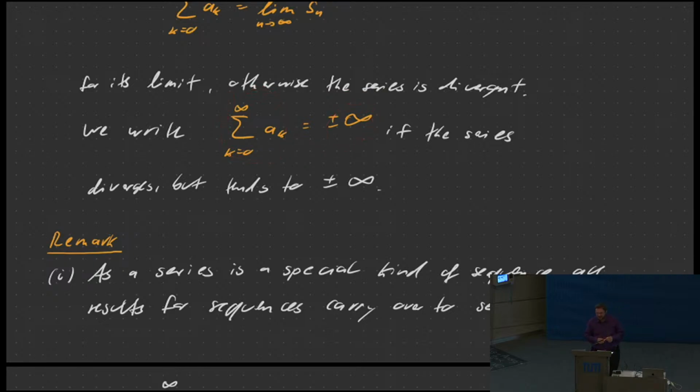Precisely speaking, you would say the limit of that tends to infinity or minus infinity. And as with sequences, in that case, we would still say the series does not converge. Convergence always means the limit is finite, so it has a finite real number as its limit and not plus or minus infinity.